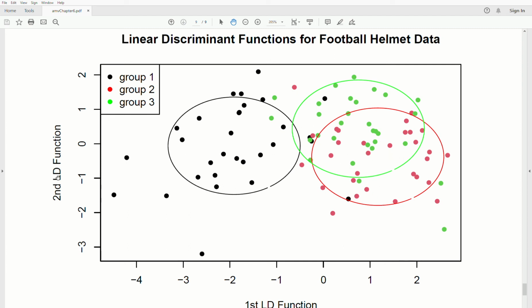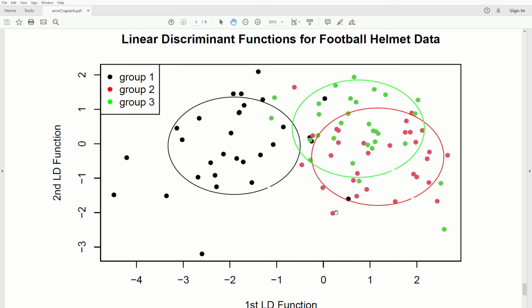And then the second one only had 5% of the total, so it's really not very useful. As you can see, if you shove these data onto this discriminant, the means have so much overlap, it's really not very useful. And so that's what that formula does for the proportion of the total, where you look at the ratio of the lambdas. That's an important component to know how many linear discriminants to use.